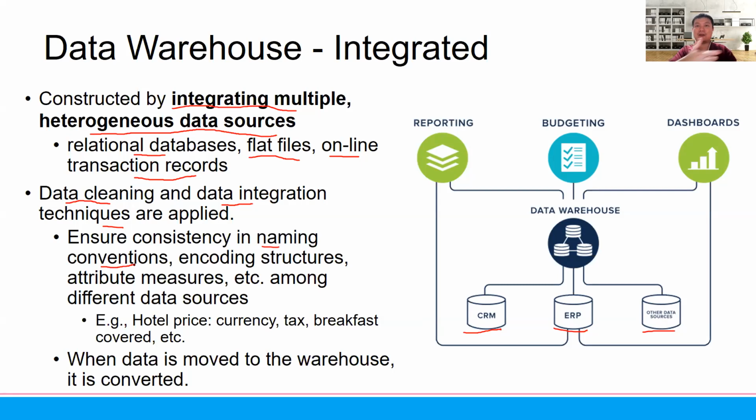And let's say the encoding structure is also one of the issues. If the structures are different, then you may need to integrate those, and also how to measure the attributes, like hotel price, currency, tax, that kind of thing.